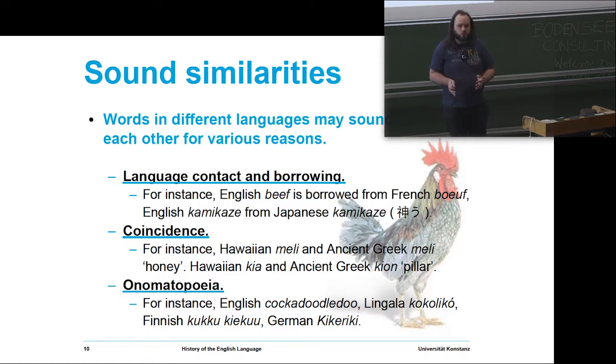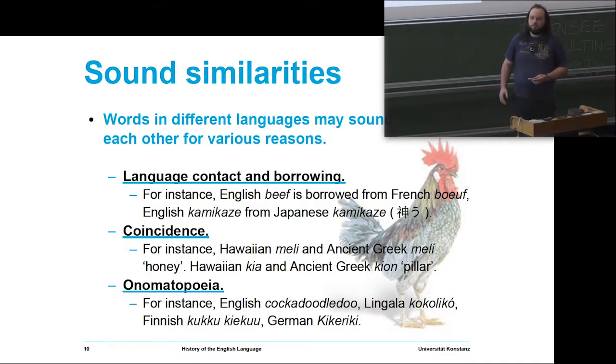But why is this true? Well, we don't want to say that it's because Hawaiian and Ancient Greek are related, right? That doesn't make any sense. They're thousands of years apart, they're on the other side of the world from one another. There's no way that Hawaiian and Ancient Greek can be related to one another. Rather, it's sometimes simply the case that languages come up with the same word for the same thing. And when you think about it, that's not actually that unusual. How many sounds are there in any language?